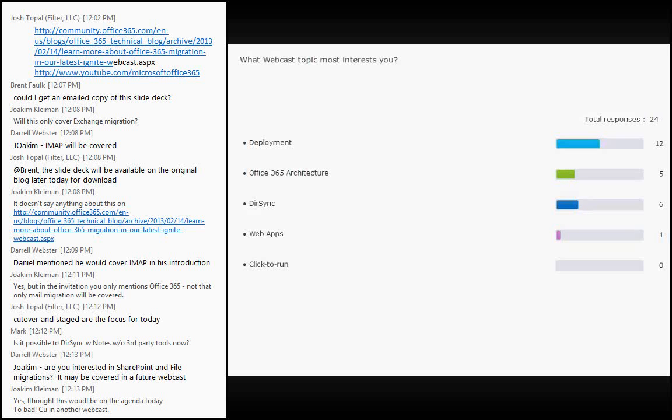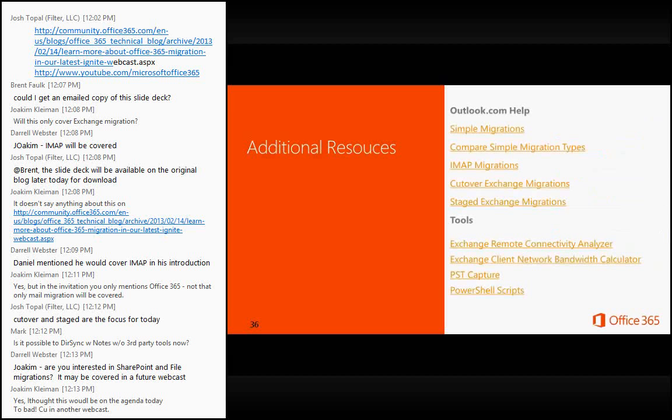Are there any native directory sync tools for Notes? Well, no, there isn't actually. From a directory sync perspective, the options that we have are the standard directory sync tool, and then we have the FIM, which is Forefront Identity Manager. The Forefront Identity Manager does give us additional options, but it would need to be an LDAP-based directory in order for us to be able to use it.